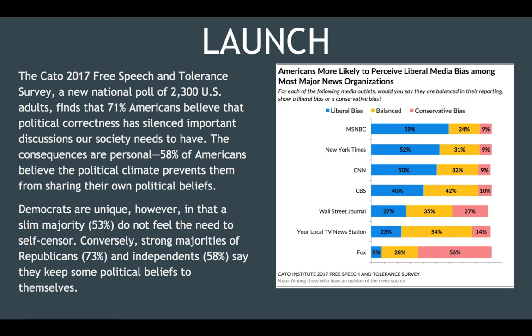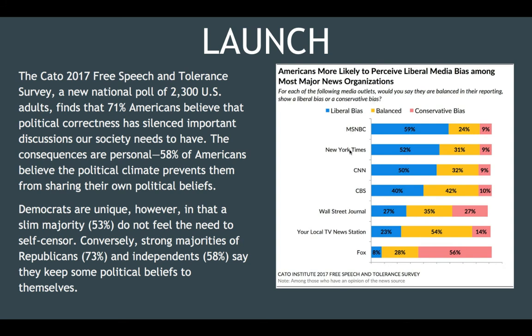Now, look, they've separated this into liberal bias, people that lean far left, and conservative bias, people that lean far right, and people that kind of ride the fence. They're in the middle. They're balanced. So, for each of the following media outlets, what do you say are balanced in their reporting and which show liberal bias or conservative?